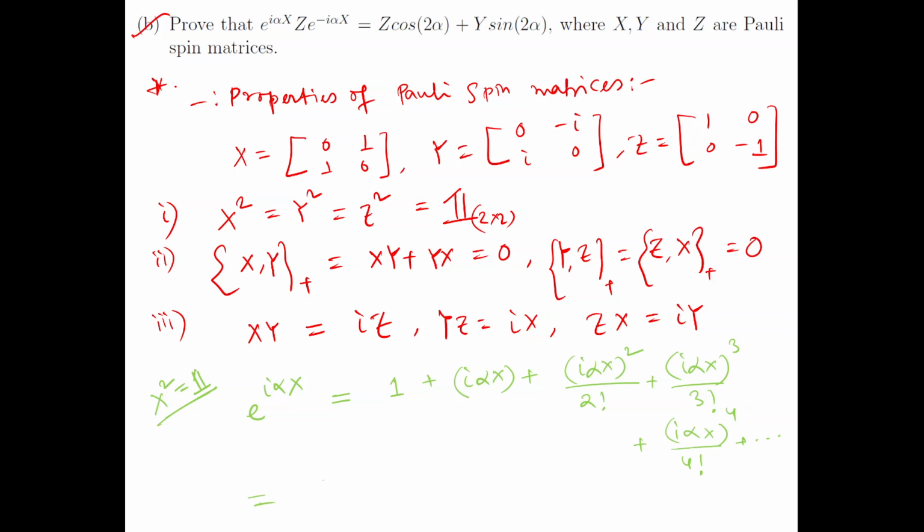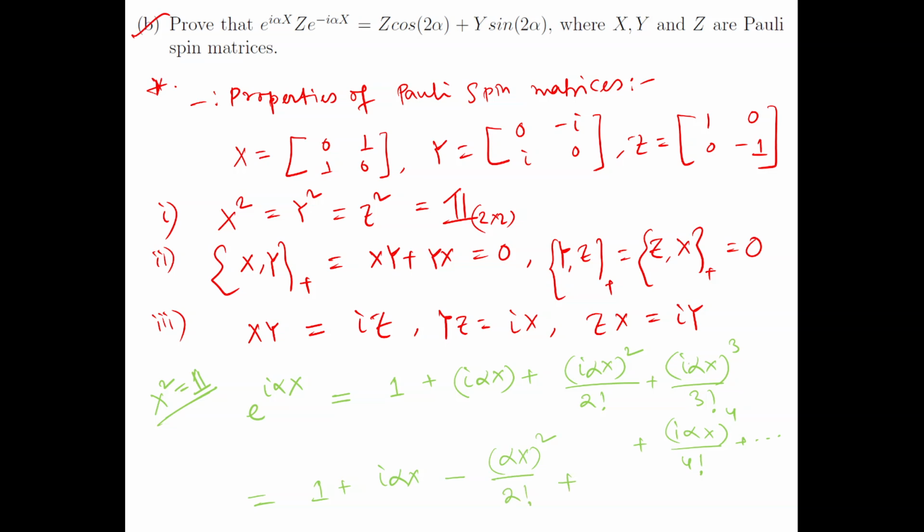You can write this as 1 plus i alpha x, and this term i square is minus 1, so you have minus alpha x square over 2 factorial.